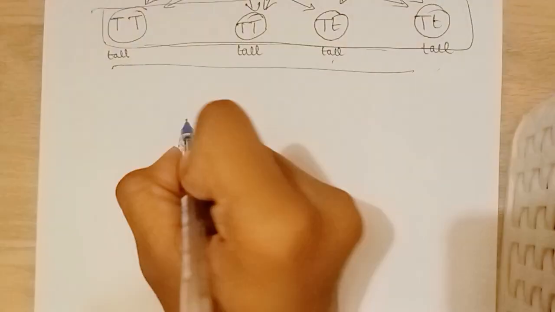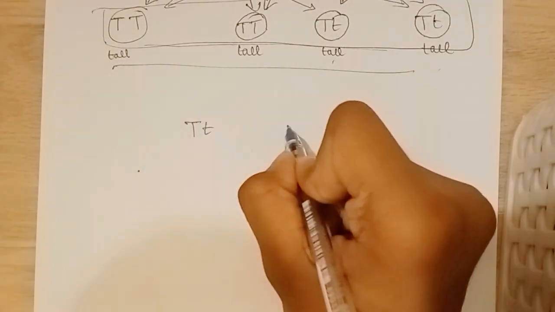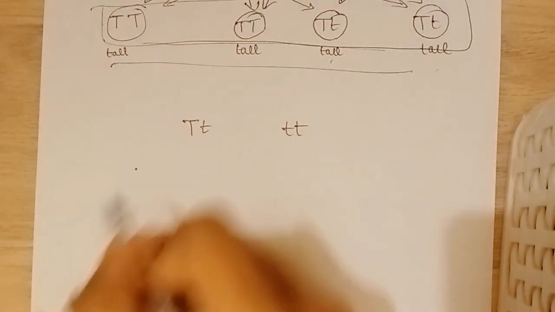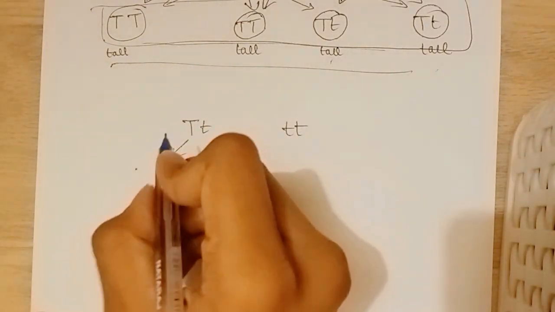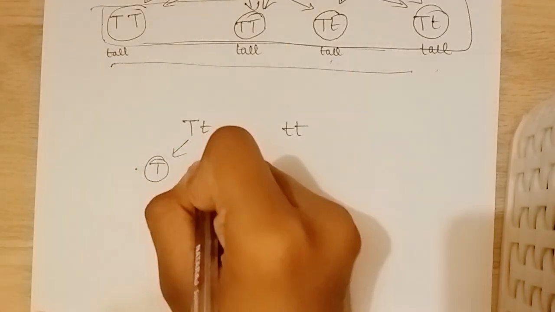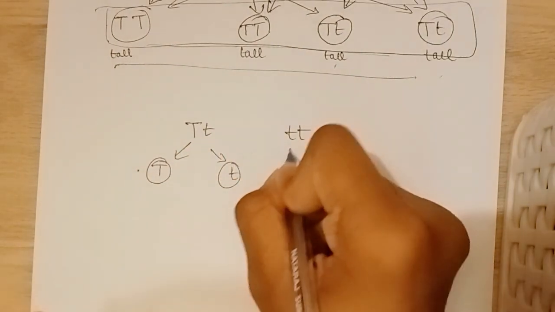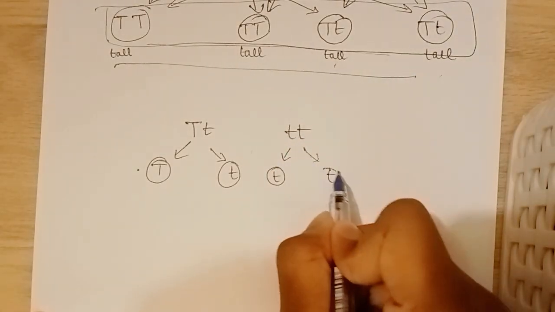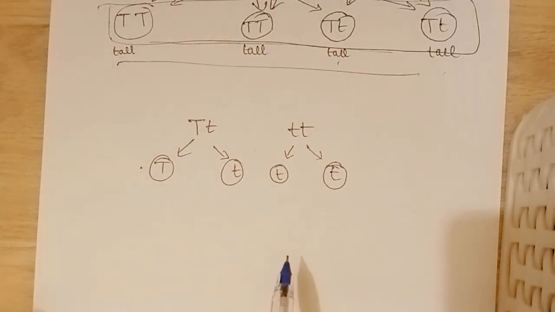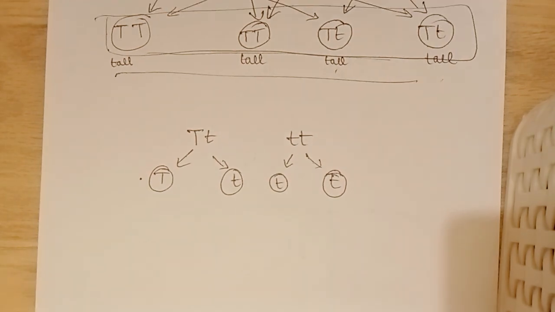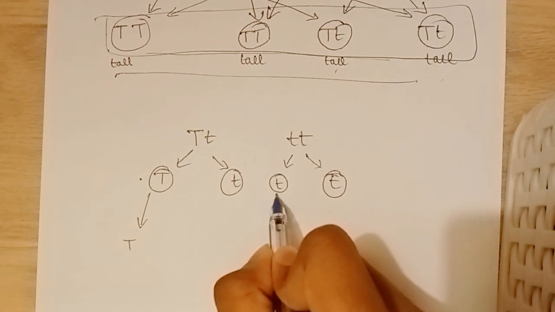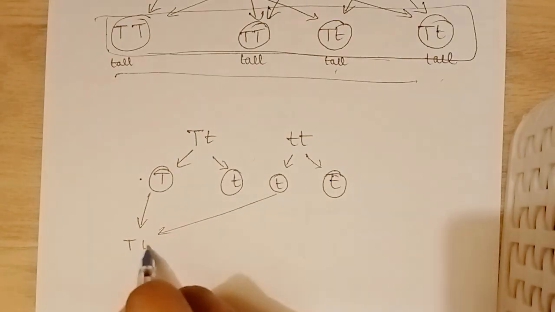Let's take another example. Capital T, small t, and small t, small t. If these are the parents, then one parent gives the genes capital T and small t, and the other gives small t and small t. Why is this? Because of the law of segregation. Now these genes mix together. This capital T comes over here and this small t from the other parent.